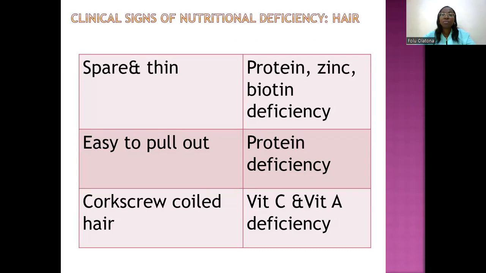So if you examine the hair and it's sparse and thin, that means there's protein, zinc, and biotin deficiency. As in children, if you are able to pull the hair out easily, there's protein deficiency. If it's corkscrew coiled hair, it can be vitamin C and vitamin A deficiency.